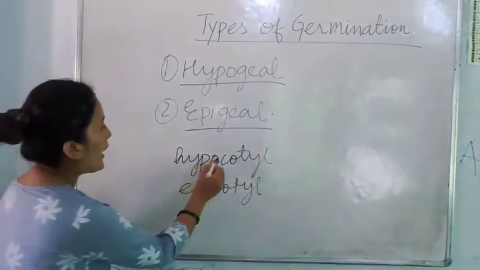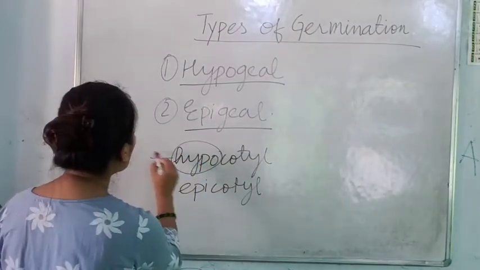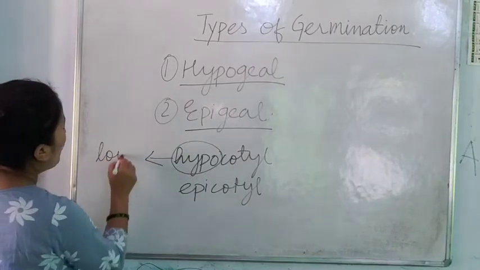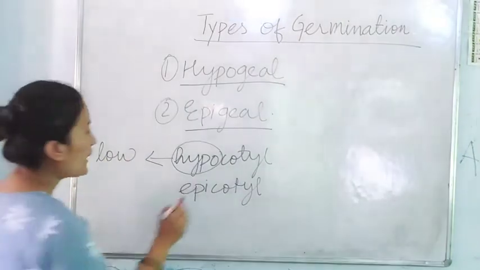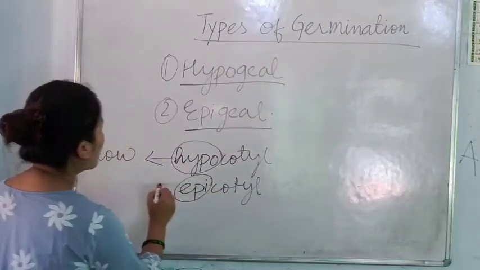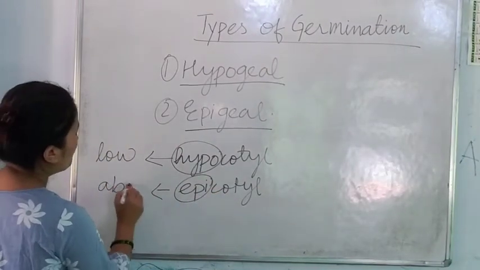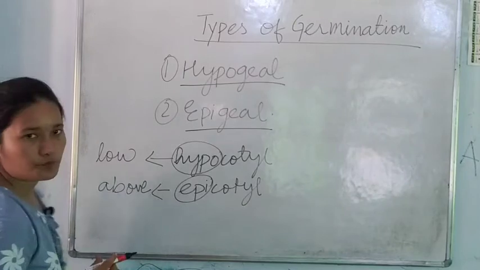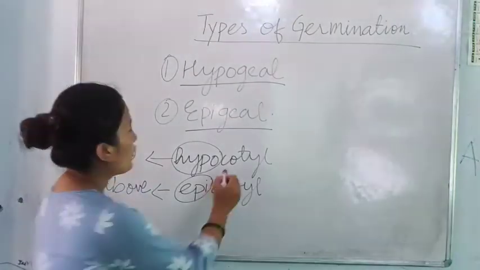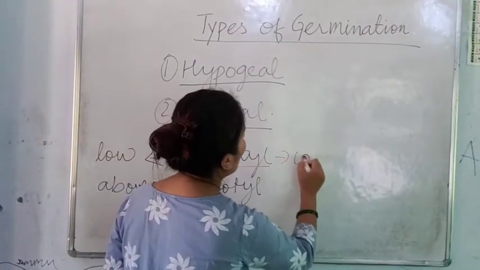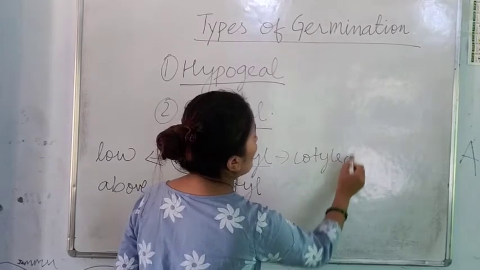Now, the term hypo means low, and the term epi means above. Cotyle refers to cotyledon.